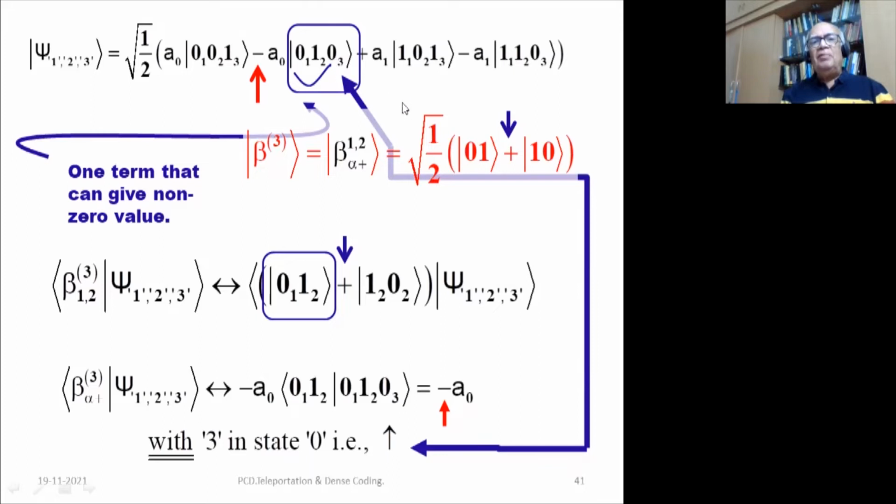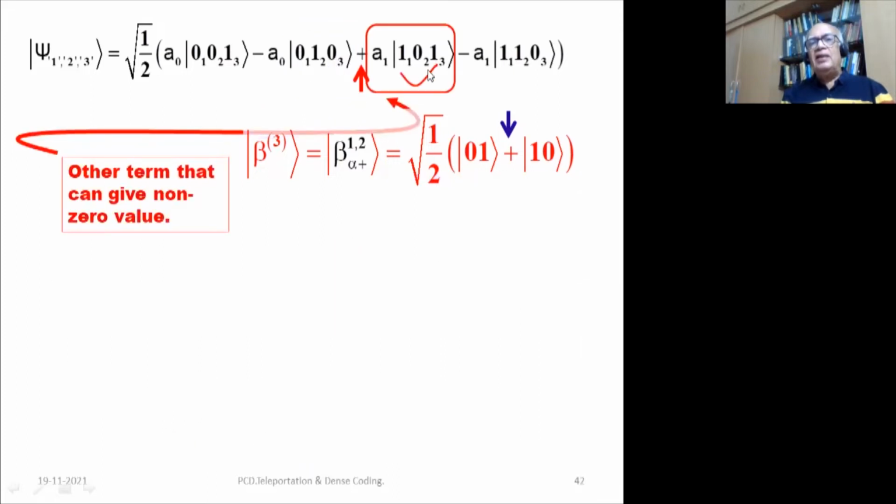The other term which we must examine is this. And this one has got a plus sign over here. The Bell state has a plus sign over here. You have to remember that also, because this has got 1 0 here. This Bell state also has 1 0. So obviously you will get a non-zero probability amplitude, which will be proportional to A0.